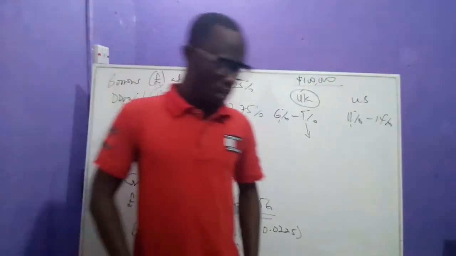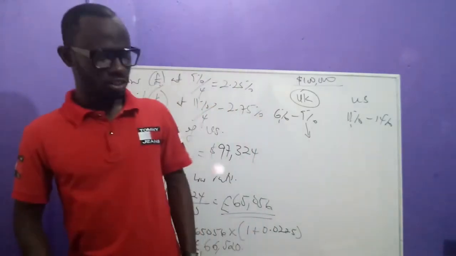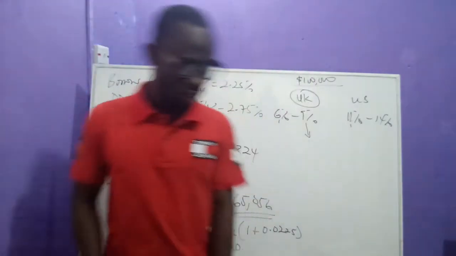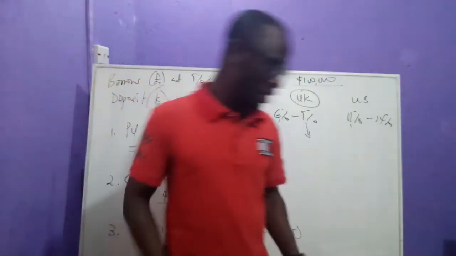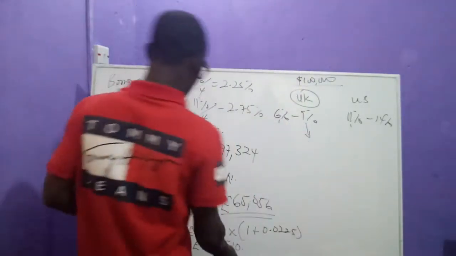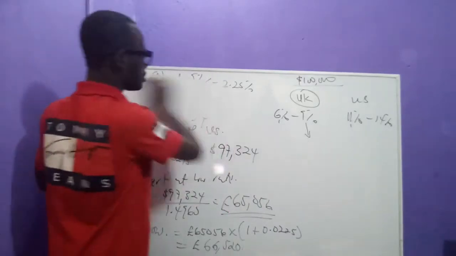A U.S. company buys goods worth 720,000 euros from a German company, payable in 30 days. So let me put the preamble up at once.